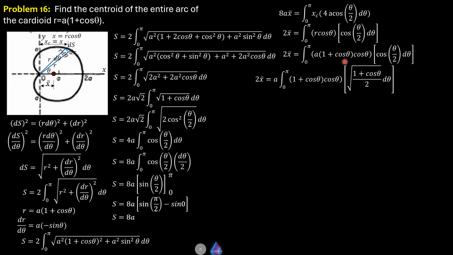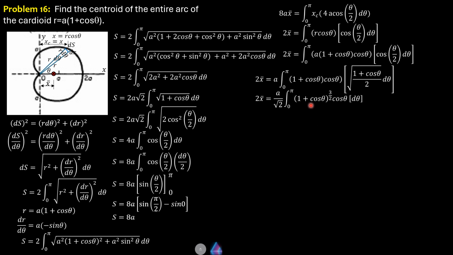Then copy 1 plus cosine theta times cosine theta. We replace cosine theta over 2 by its identity, square root of 1 plus cosine theta over 2. So we combine square root of 1 plus cosine theta with 1 plus cosine theta. So that becomes 1 plus cosine theta to the 3 halves. Then we have square root of 2 here. So 2 x bar equals a square root of 2 integral 0 to pi of 1 plus cosine theta to the 3 halves, then times cosine theta d theta.